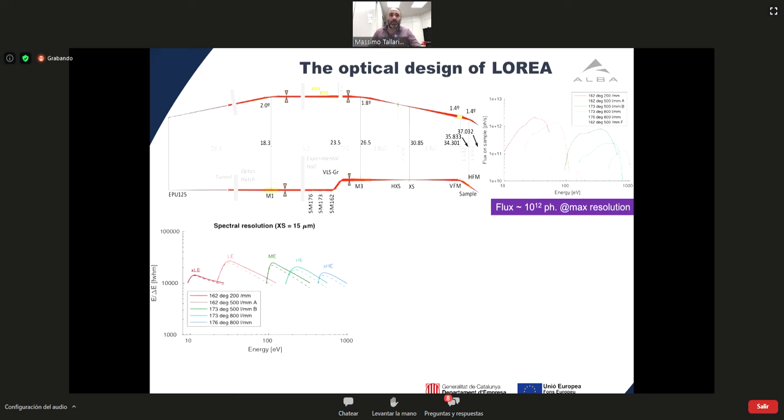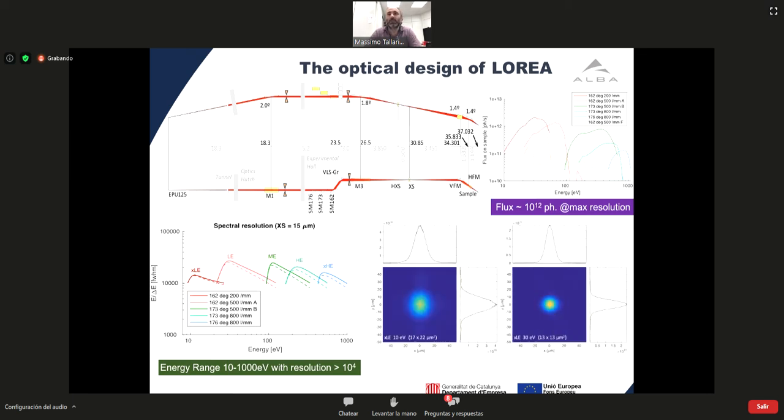The energy resolution should also be very high, larger than 10^4 in the whole region, and the spot small enough to see also some small flake or some large flake actually.